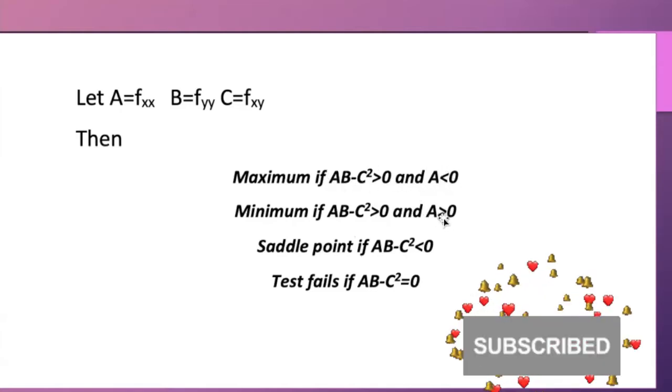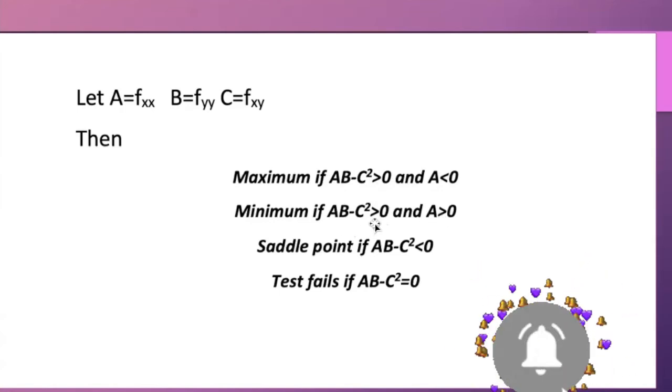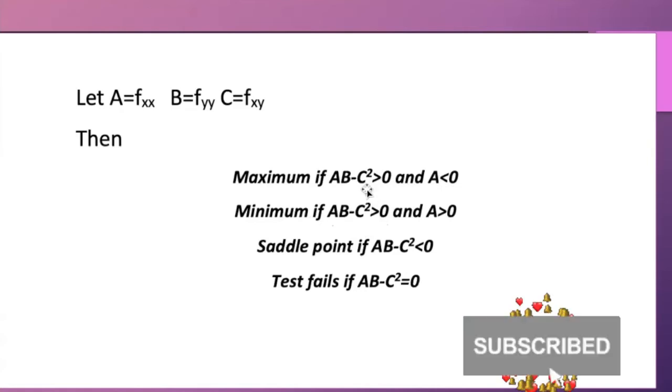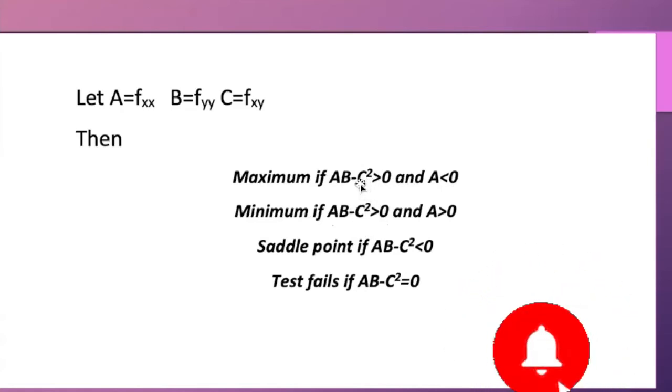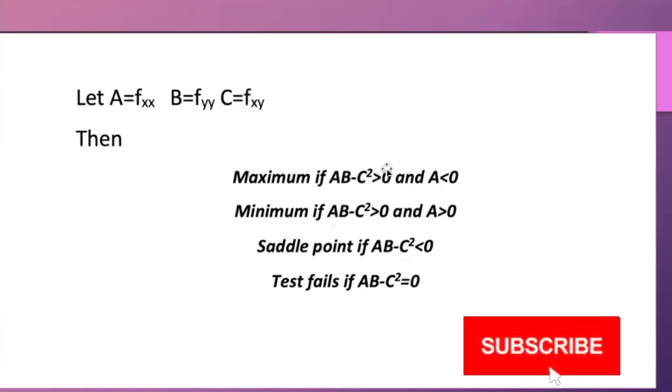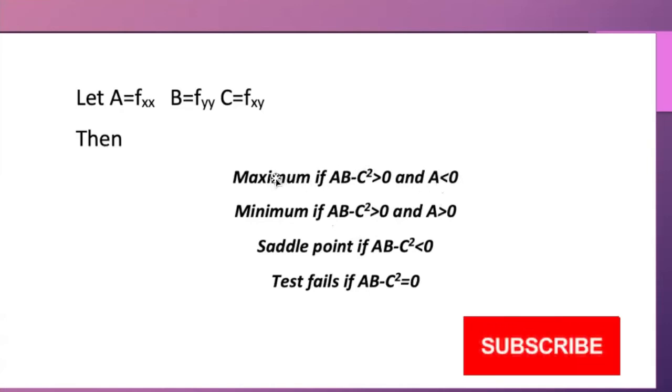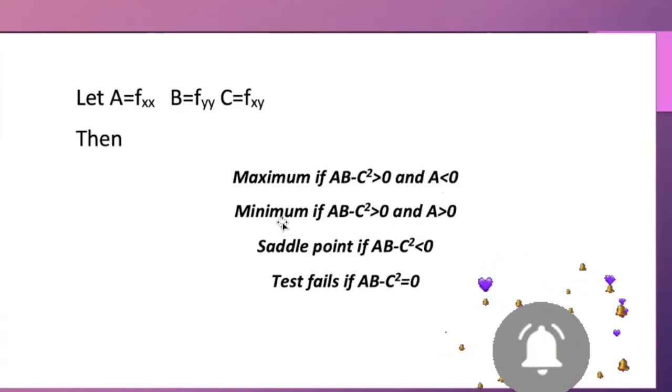But if A is greater than 0, then I say it's a minimum. So both maximum and minimum have to satisfy this condition, where AB minus C squared has to be greater than 0. After doing this, if A is less than 0, then I say it's a maximum, and if it is greater than 0, then it's a minimum.